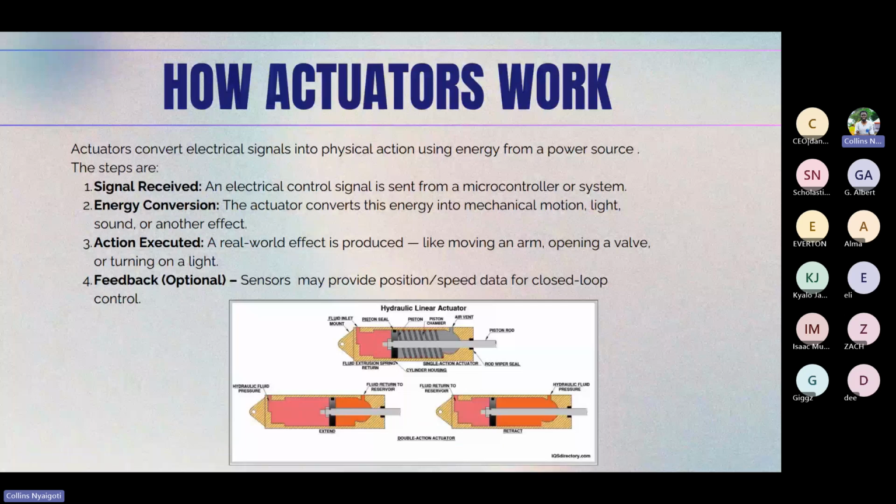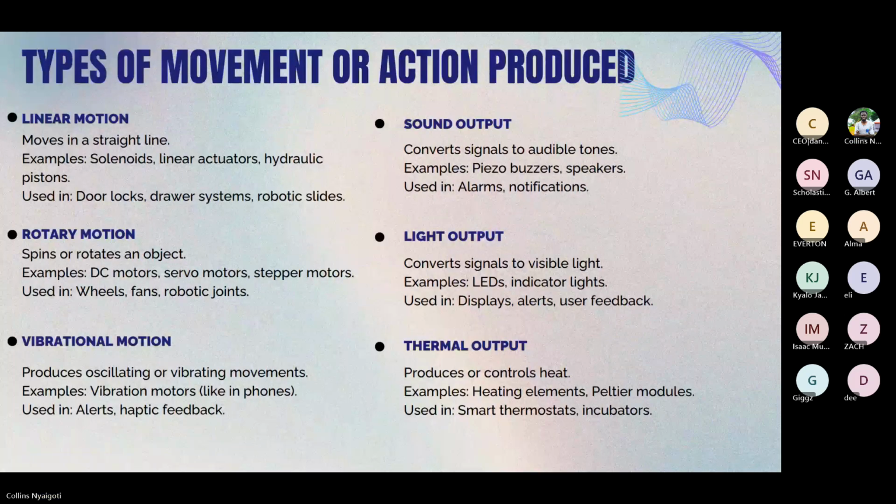So what are the types of movements produced by actuators? It can be linear motion, which is movement in a straight line. Maybe on a conveyor, when a box reaches a certain place, it's pushed out or onto another conveyor. That's where you use linear motion.